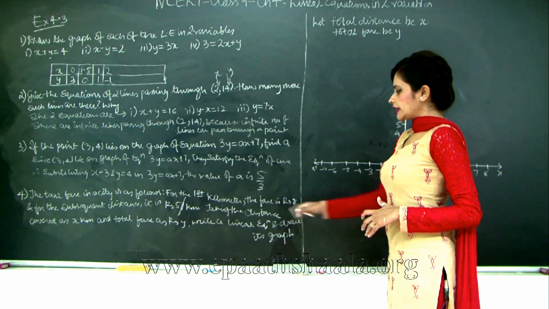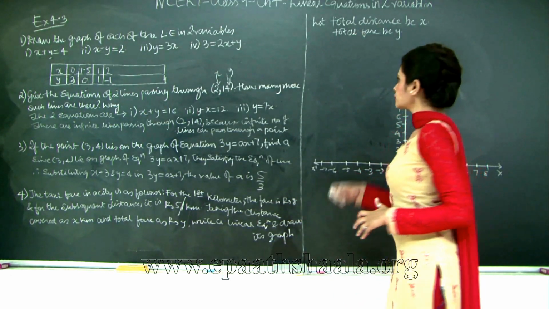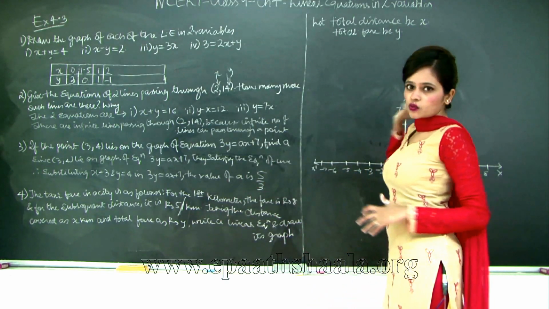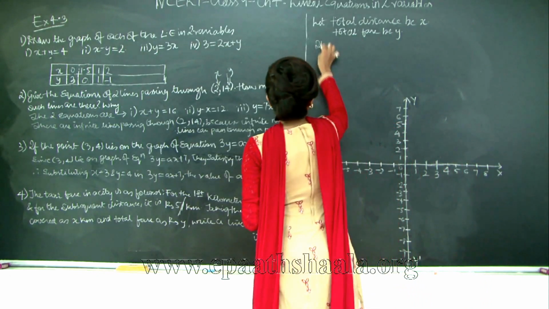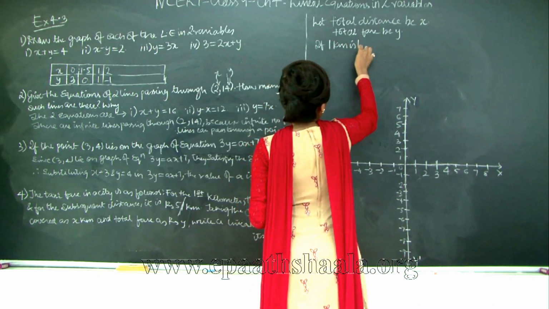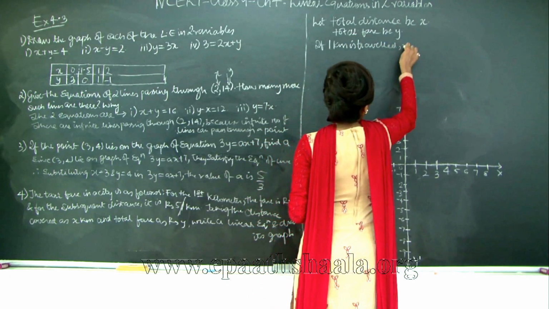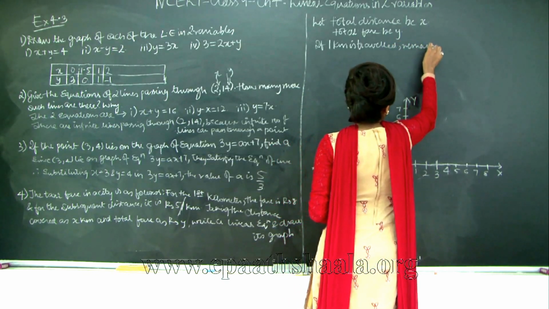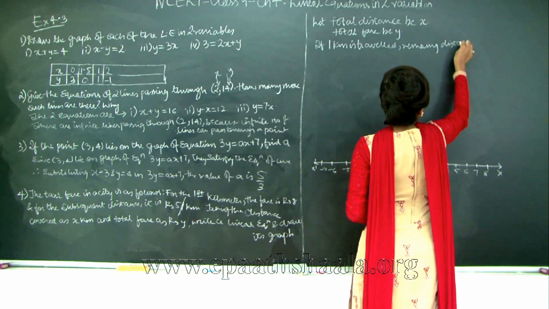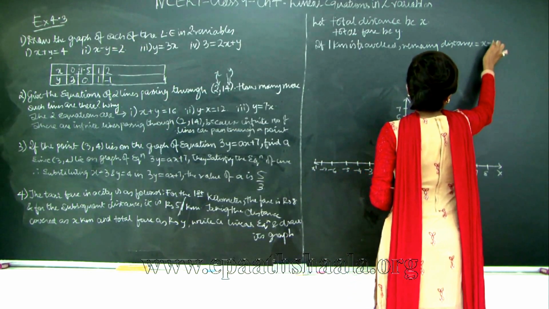So considering that the first kilometer is done, how many kilometers will be left? x minus 1. So if 1 kilometer is travelled, remaining distance is equal to x minus 1.